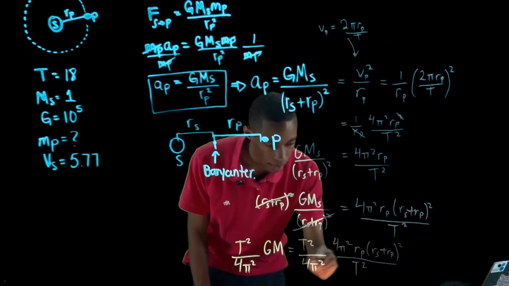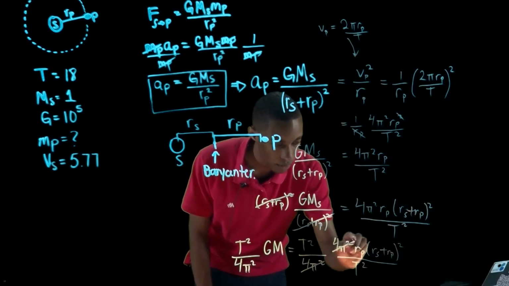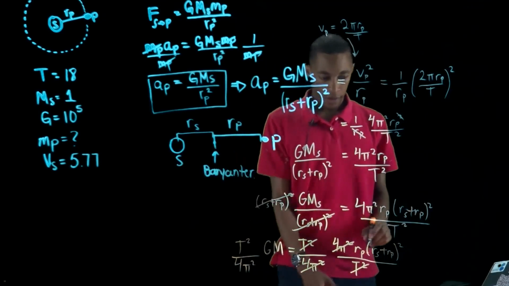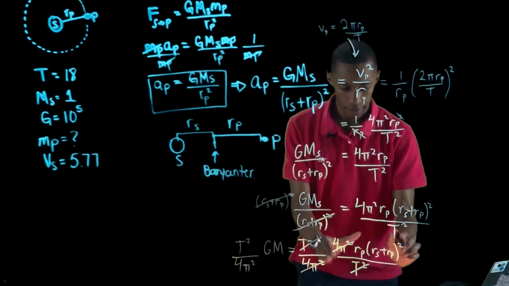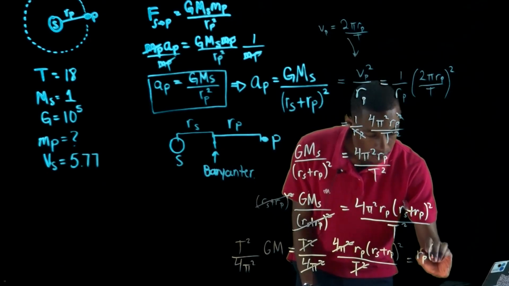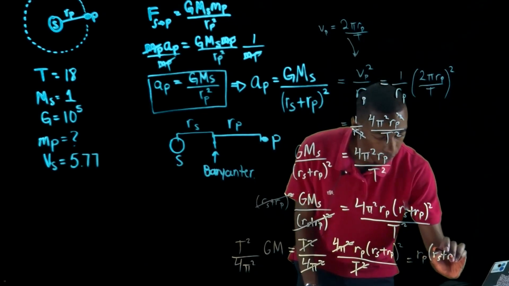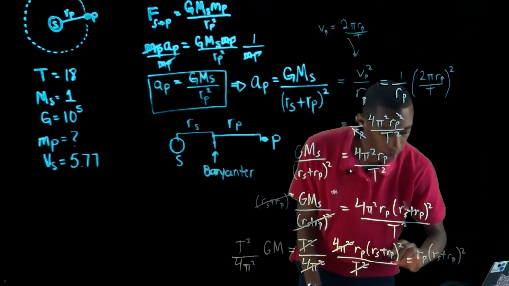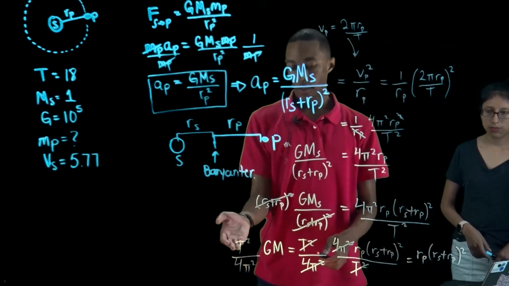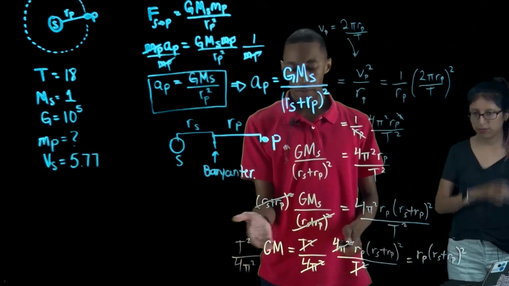So on this side, the 4 pi squareds cancel, and the T squareds also cancel. So now what's left on the right-hand side of this equation is simply Rp times (Rs plus Rp) squared. And what's left on the left-hand side of the equation is T squared over 4 pi squared times GM.